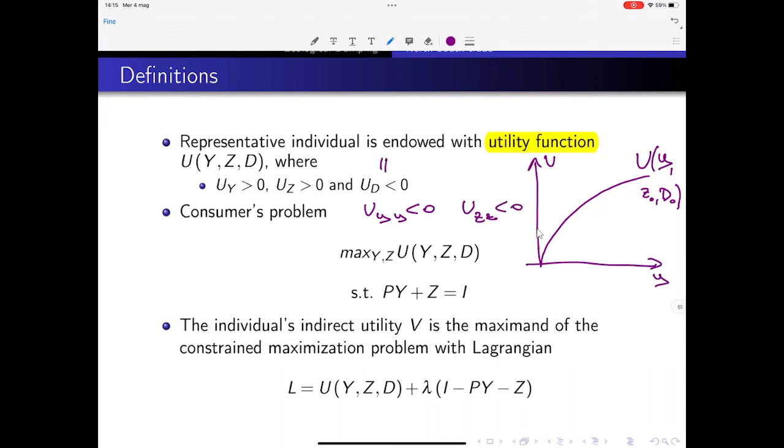And then I have pollution, which is a bad. So I have two goods, Y and Z, meaning that increasing consumption of goods increases your utility in a decreasing way. But then you also have a bad, that is pollution. So increasing pollution decreases your utility.